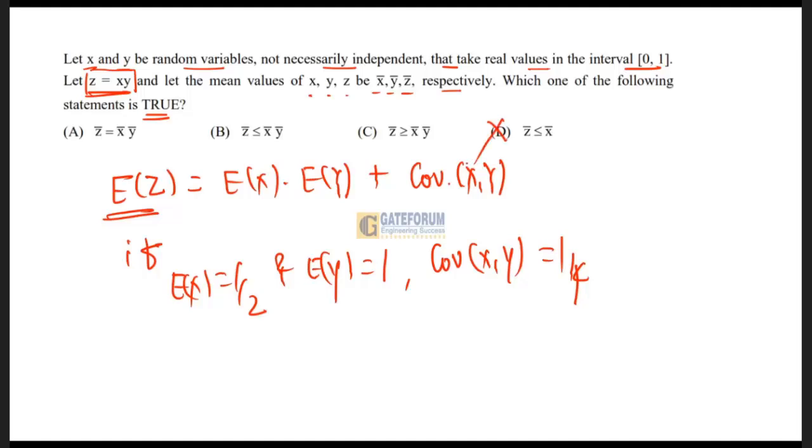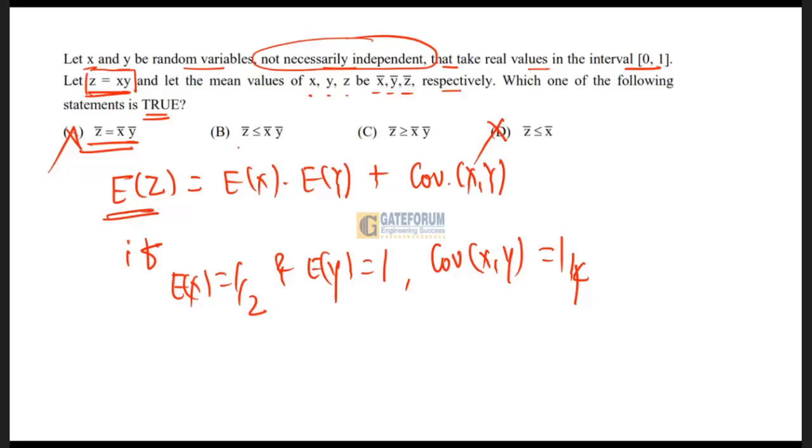Correct. And if you see option A, it is also not true, since variables are not necessarily independent, it may cause some kind of dependability, so I can ignore A as well.